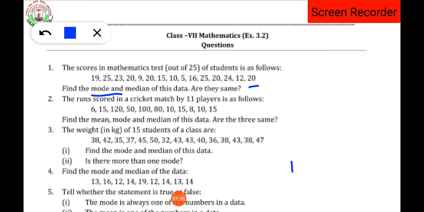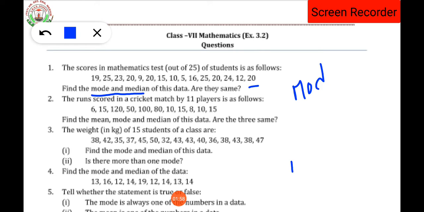With the help of this data, we have to find the mode and median of this data. In exercise 3.1 we had already found the mean value. Now we are going to find the mode and median. So dear students, what is mode?